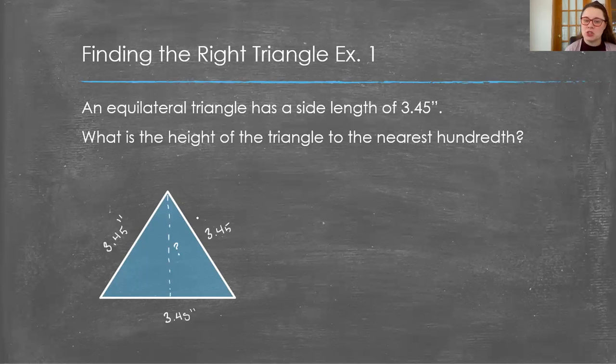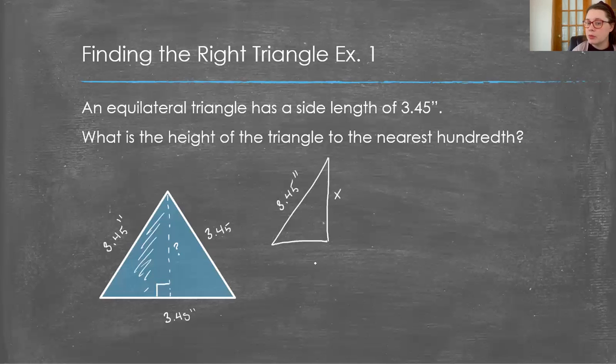So you can see as we do this that we're already starting to get what looks like a right angle. Because my base and my height are always at right angles to each other, if I just look at this half of the triangle, I can figure out the height. So what I'll often do, and it's partially to help simplify things, is I draw my right angle. Now the diagonal is the 3.45 inches. Height is what I'm looking for, so I'm going to throw an X there.